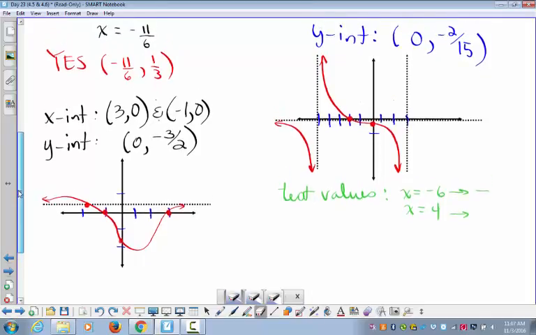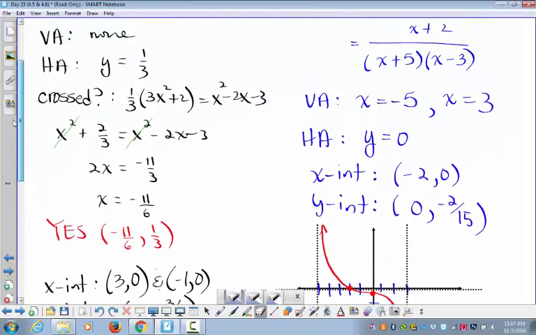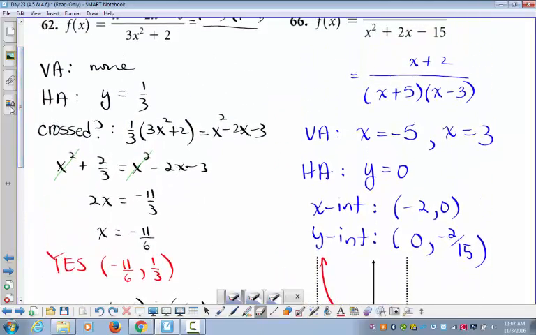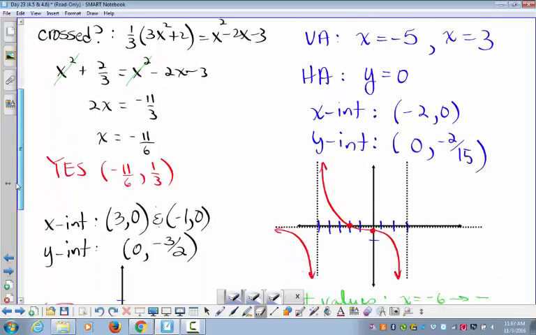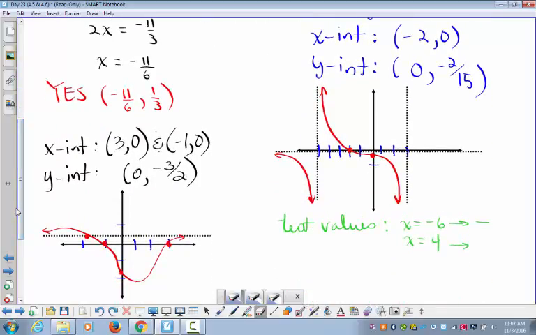Now let's plug in x equals 4. Don't need exactly what it's equal to. If you look right here, you can just deal with signs. Plug in x equals 4, positive, positive, positive. And that's all we care about, whether it's positive or negative. So this is positive down here.